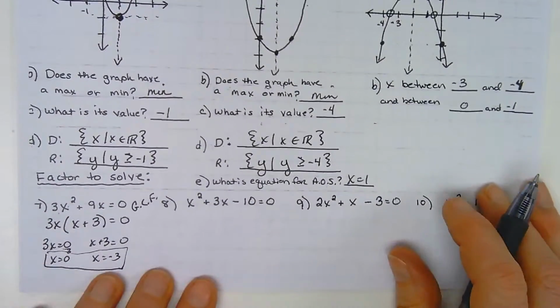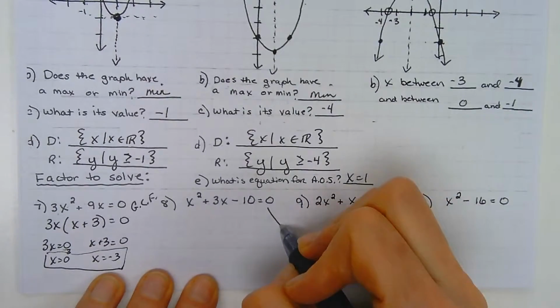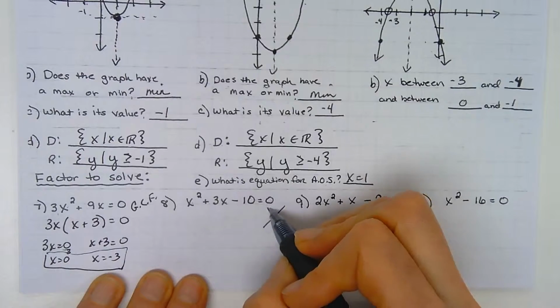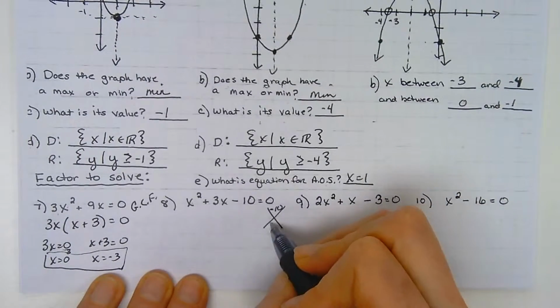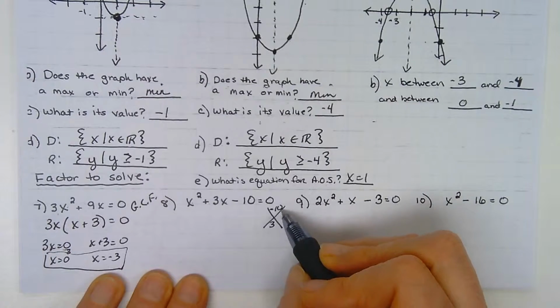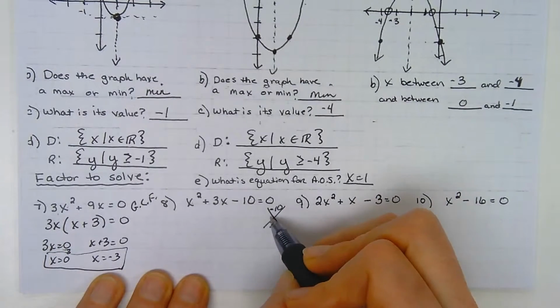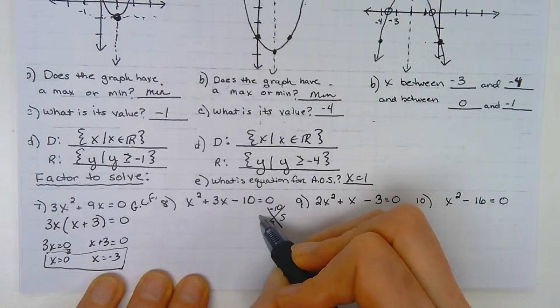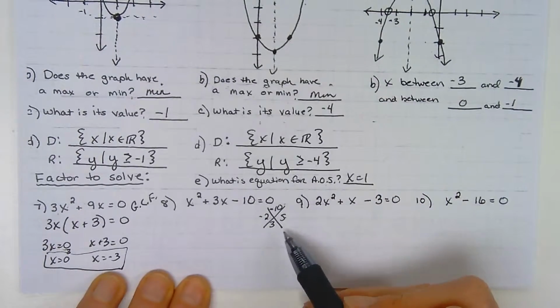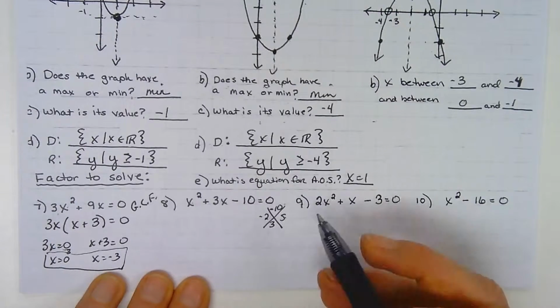Number 8 is factor to solve. I have a trinomial. I'll put negative 10 in the top of the diamond and 3 in the bottom of the diamond. Now, two numbers that multiply to negative 10 but add to 3 would be 5 and negative 2. Negative 2 times 5 is negative 10, and adding them together gives 3.